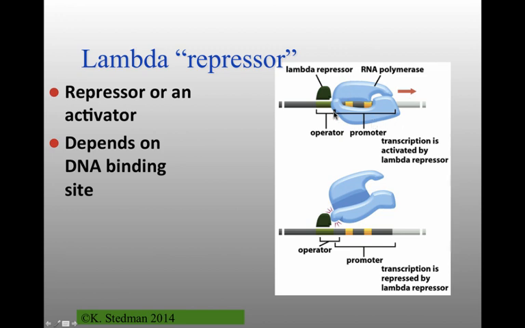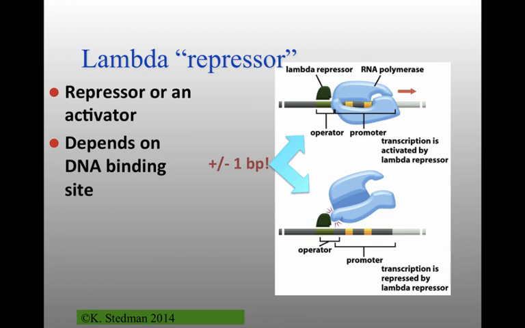And it turns out this is just one base pair difference, where the Lambda repressor is bound, whether it's acting as a repressor or acting as an activator. And so again, this is a lot of how we know about transcriptional regulation, from just this study of the Lambda bacteriophage and whether it's going to undergo its lytic cycle or a lysogenic cycle.